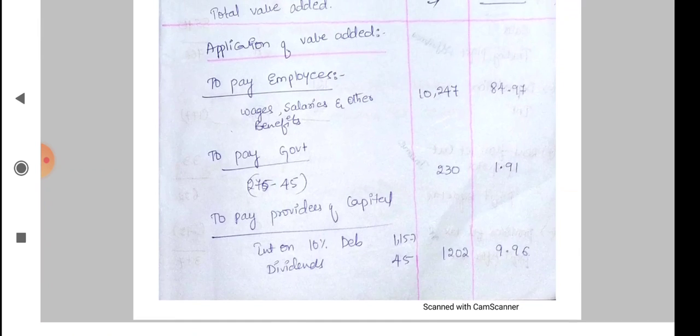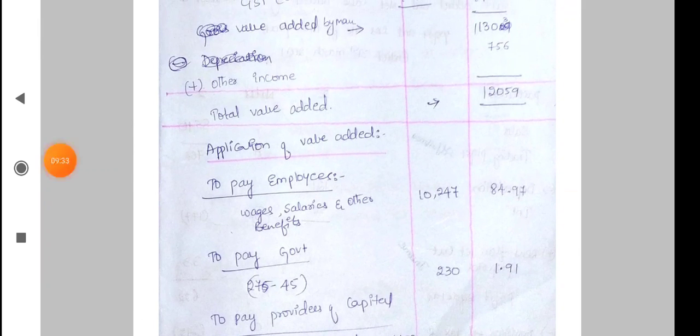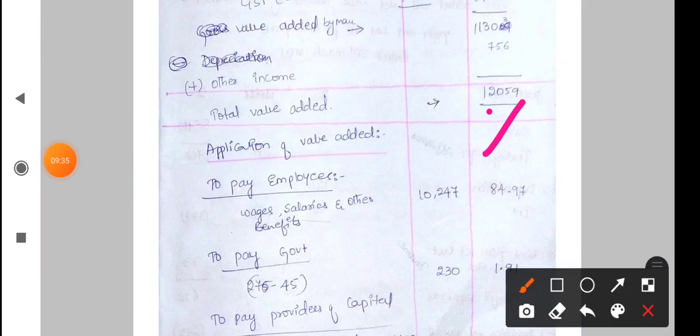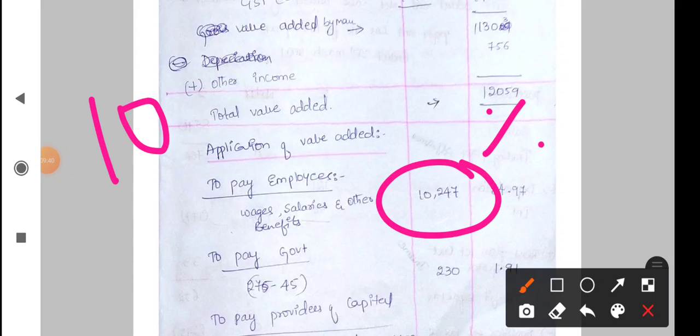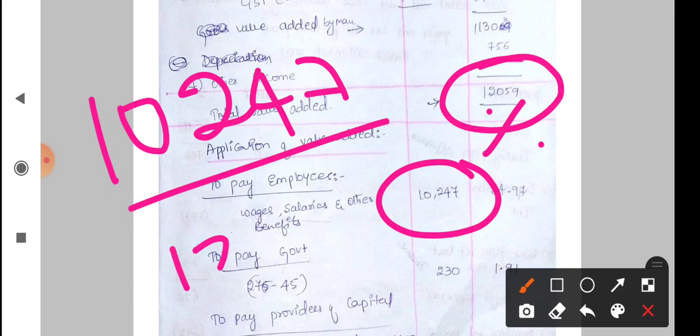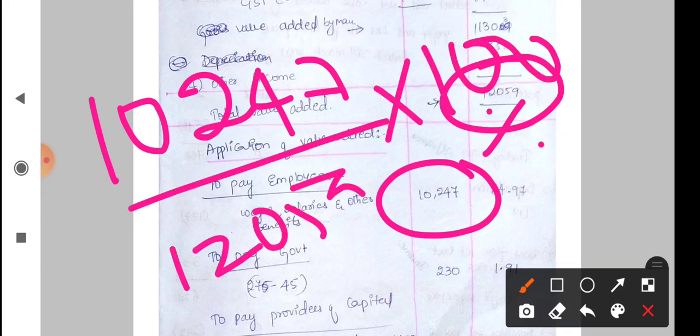Now one more thing here, we have to calculate the percentages. So how to calculate these percentages? Percentage is simple. First amount is 10,247 divided by this total 12,059 into 100. So you will get 84.97.